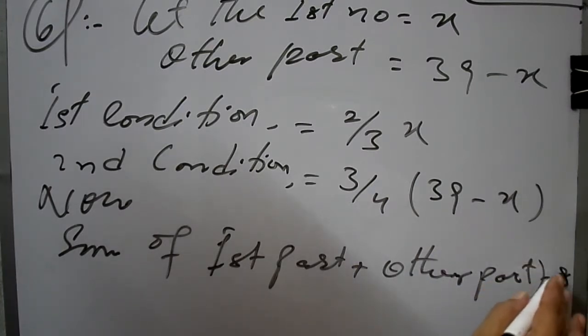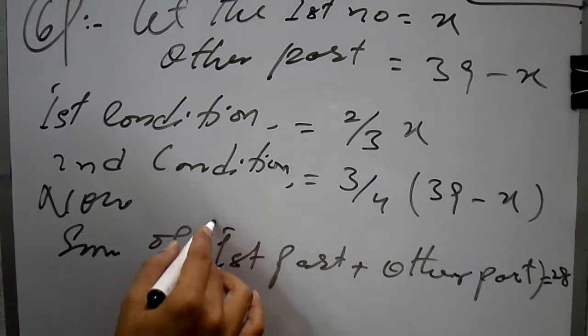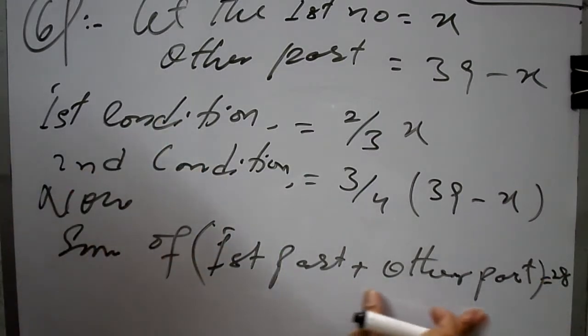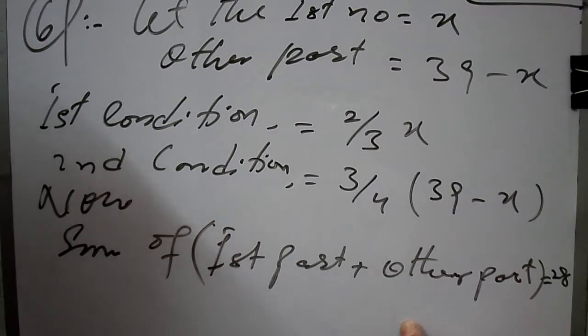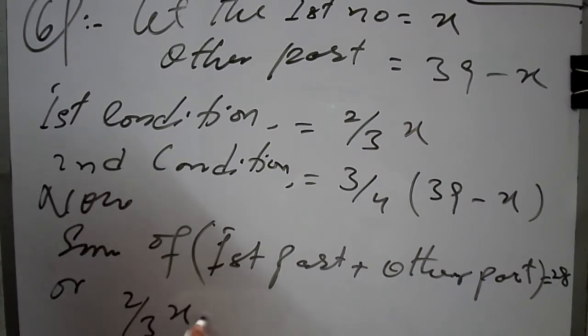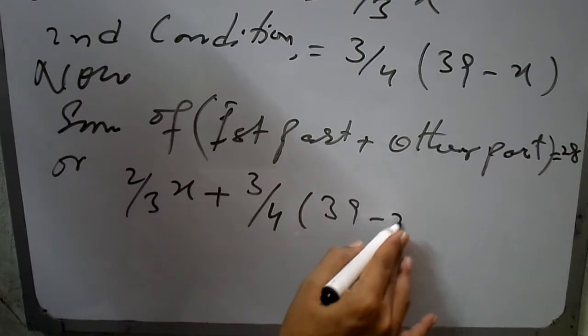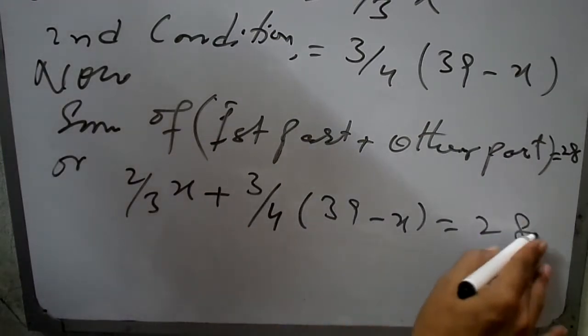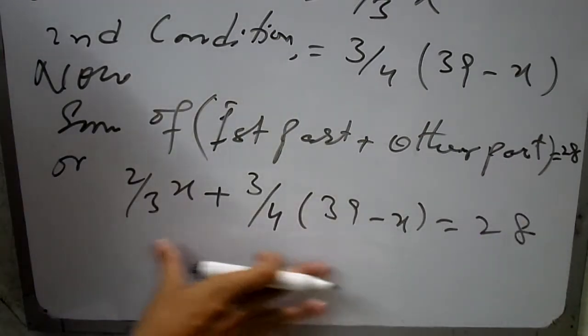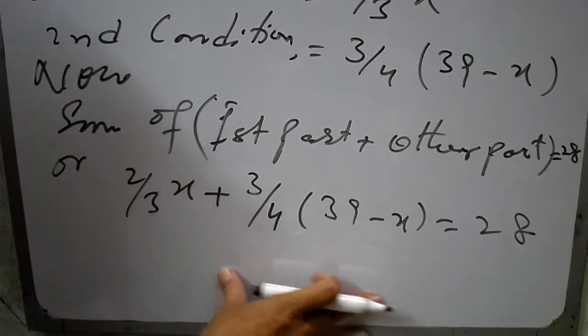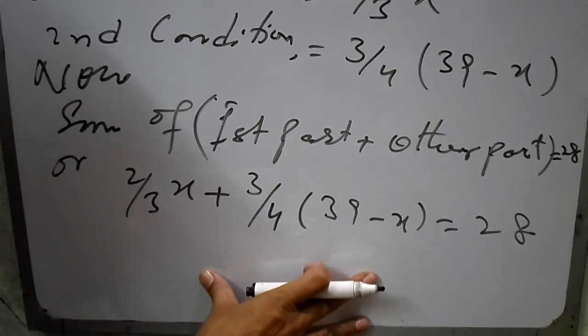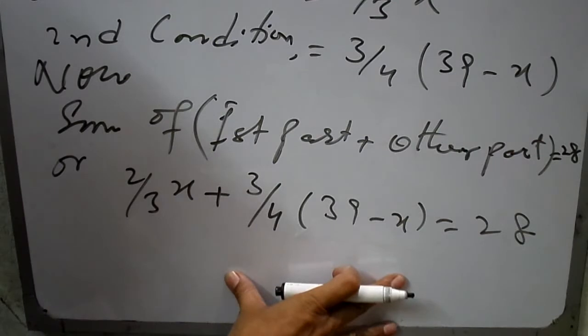Or you can write 2 by 3 of the first part plus 3 by 4 of the second part, 39 minus x, is equal to 28. So it is your final given condition.